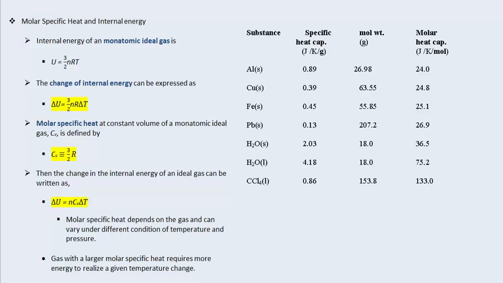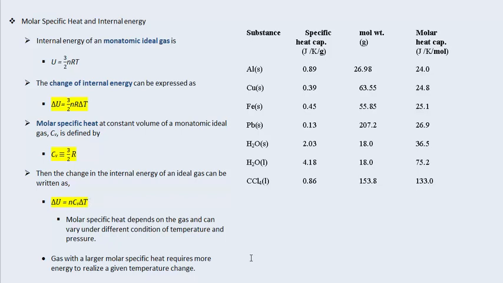And therefore we can substitute our molar specific heat into our change in internal energy equation, which gives a new equation stating that our change in internal energy is equal to n multiplied by our specific heat times our change in temperature.